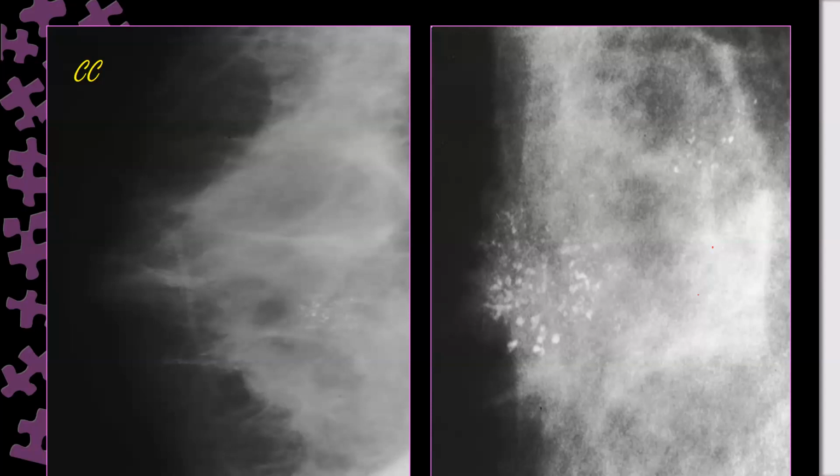We discussed some of the cases regarding the compression and spot compression magnification view, and this is one of these cases. Tell me in this case how this spot magnification helps us in the management of this case. At the beginning, does it help or not? It helps the calcification. Okay, it helps.